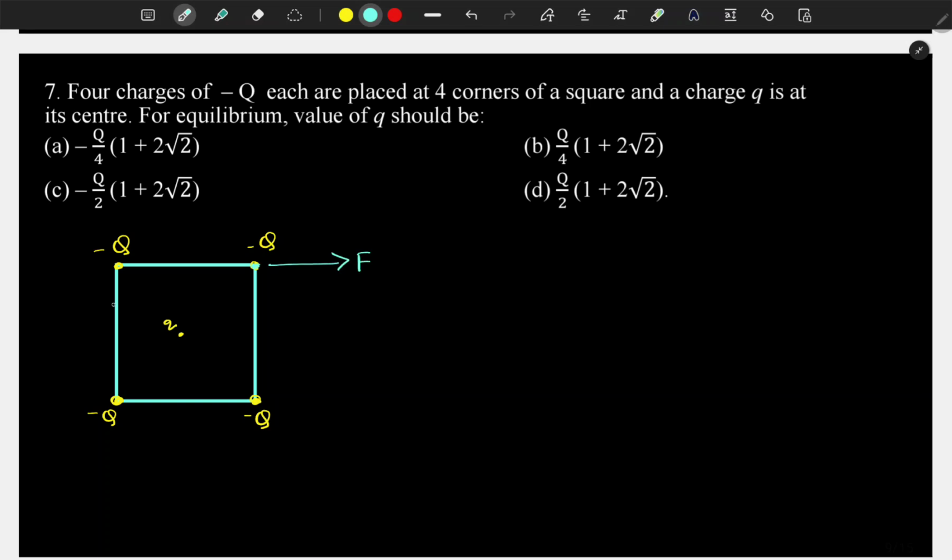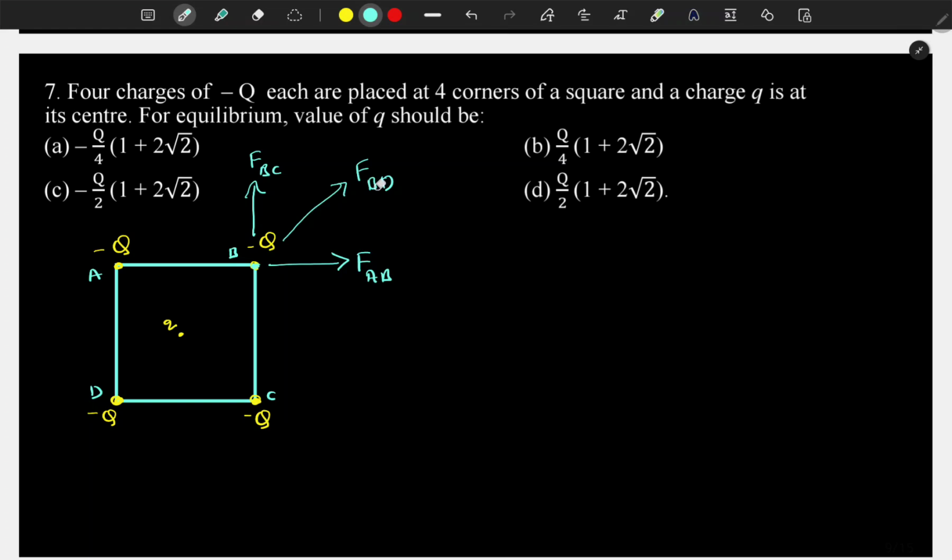If I consider this is A, this is B, C, D. Force between AB will be in this direction. Force between BC will be in this direction. And force between BD will be in this direction.